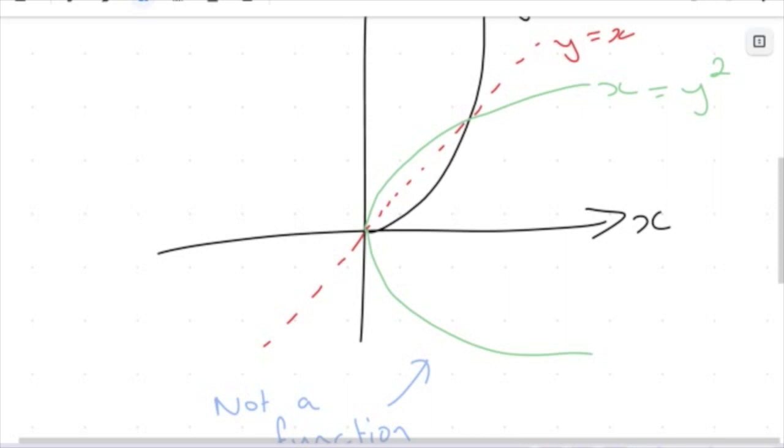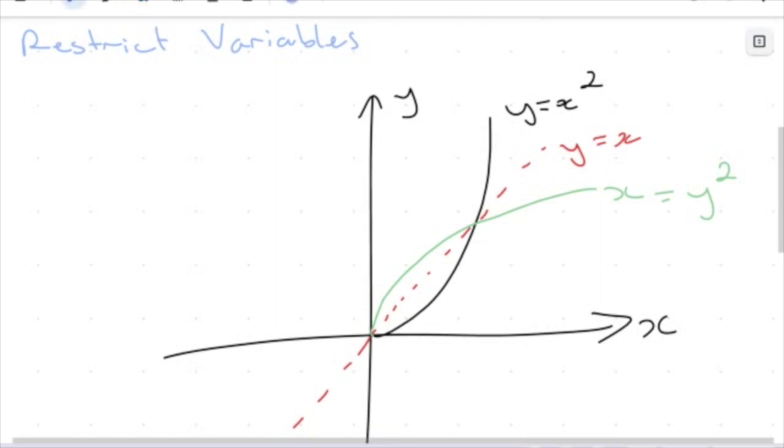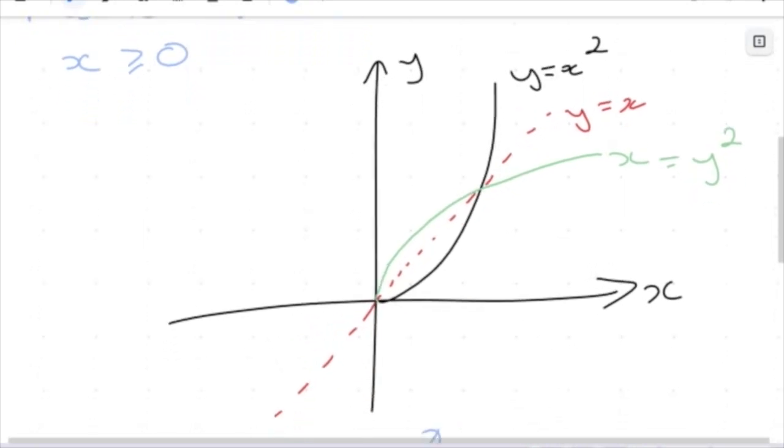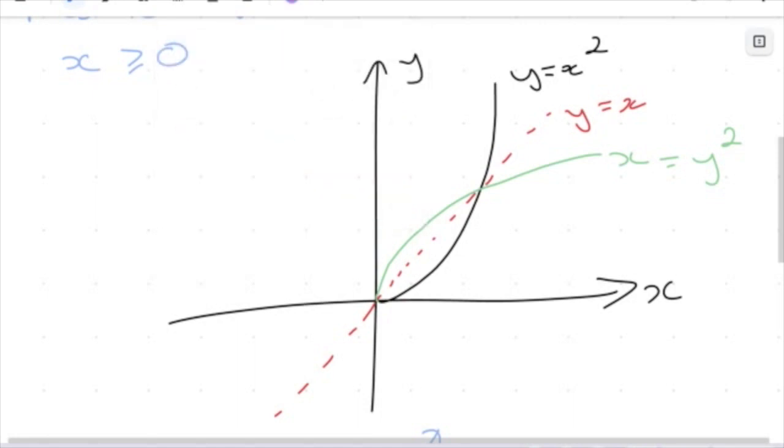then that would correspond to rubbing this out on my green graph. And now I can see the results I get by restricting the variables. In this particular example, I restricted the variables to only x being greater than or equal to 0. We've practiced this before in this series, but the effect of doing that creates half a parabola, and now this passes the horizontal line test because one value of x produces one value of y.